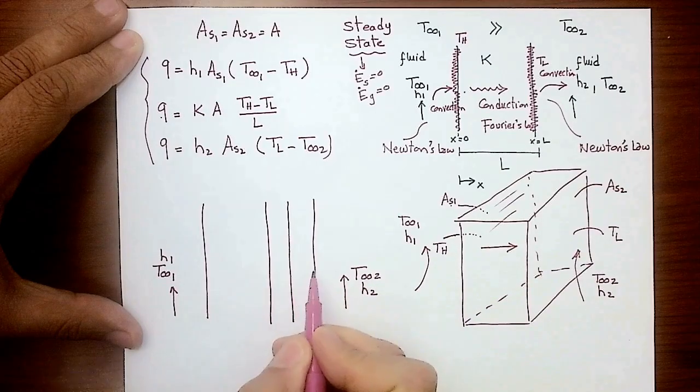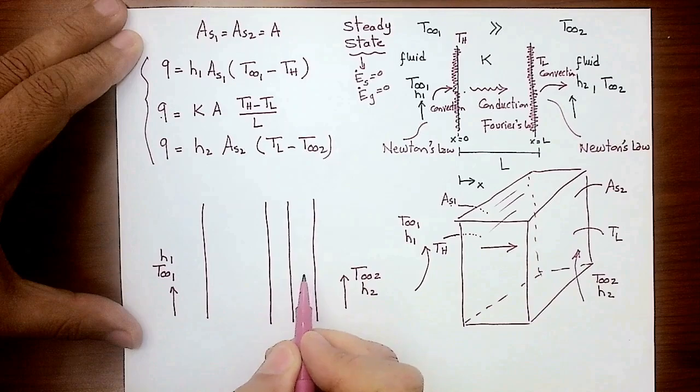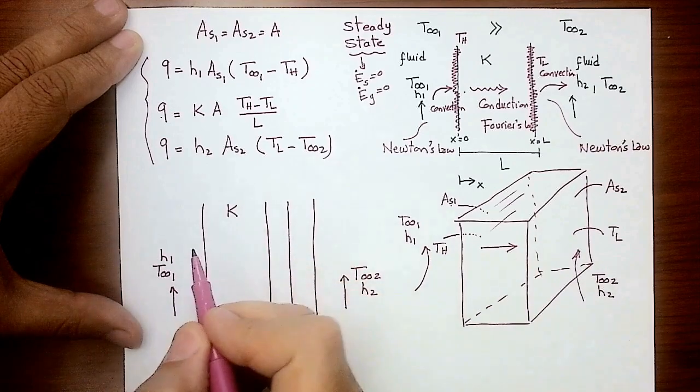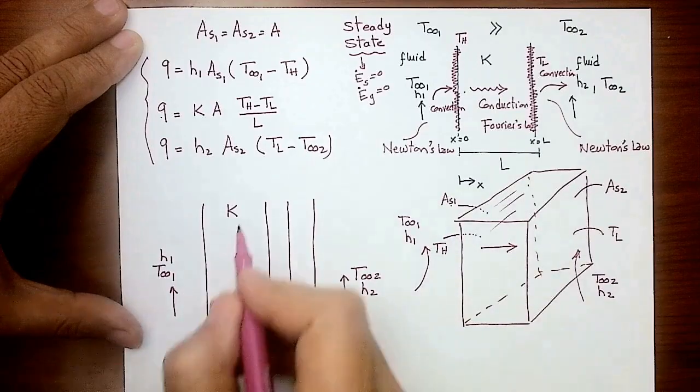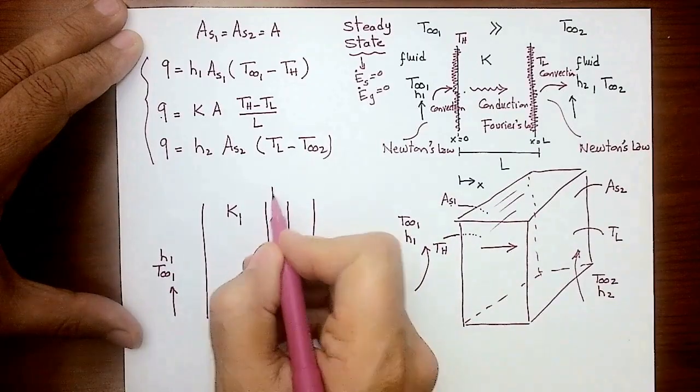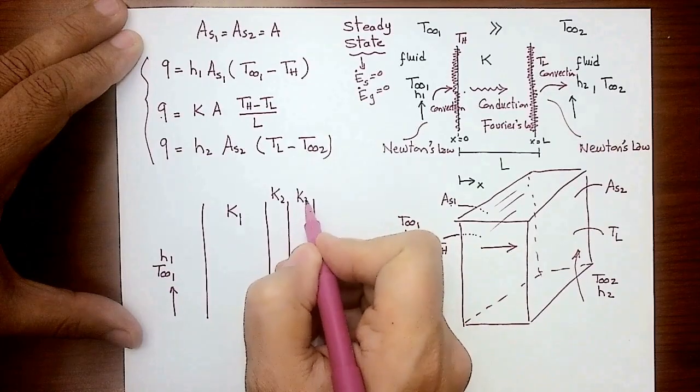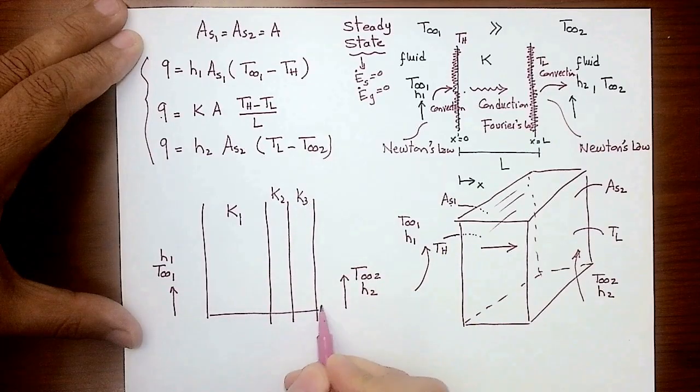So now I have 3 solid layers in contact. This would be wood, so it has a k1, then a cement layer, k2, then maybe a painting layer, that's k3. Each one of the 3 layers has a different thickness. So that's L1, L2, L3.